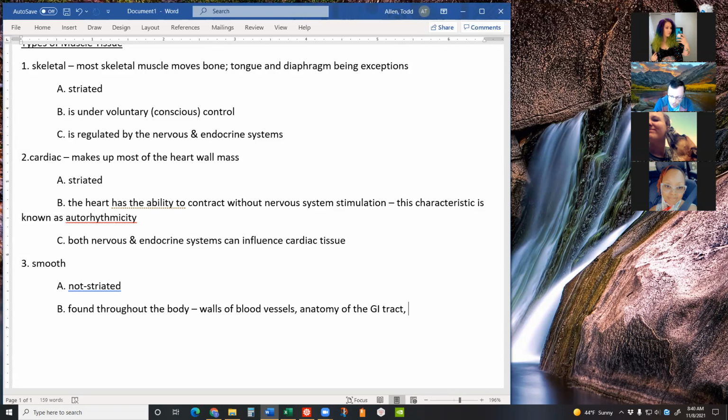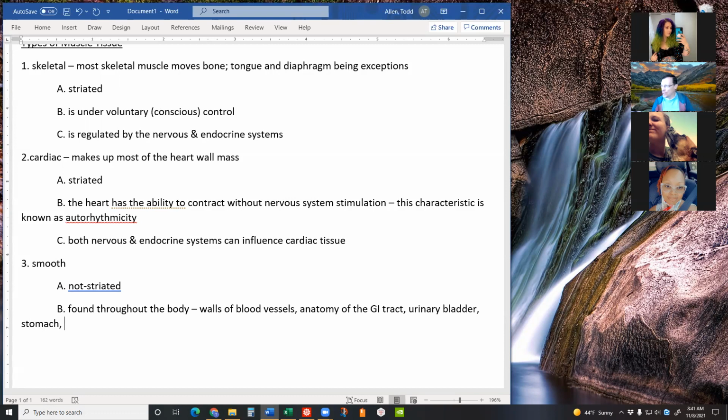Okay, you're also going to find smooth muscle tissue in organs that regulate liquids and control their motion. So you're going to find a lot of smooth muscle tissue in the urinary bladder. You're going to find a lot of smooth muscle tissue in the stomach, because obviously you're not only eating food, but you're drinking liquids, and so those liquids have to have their motion controlled and coordinated properly.